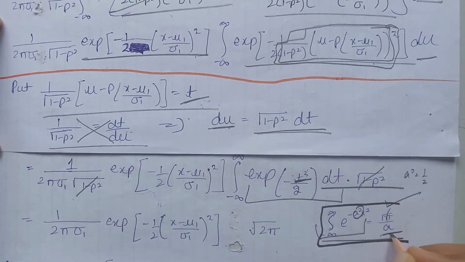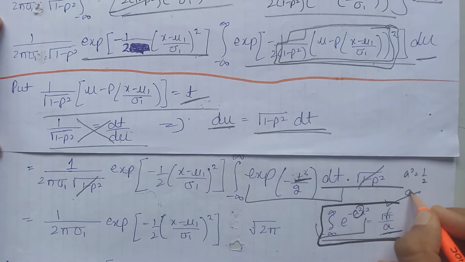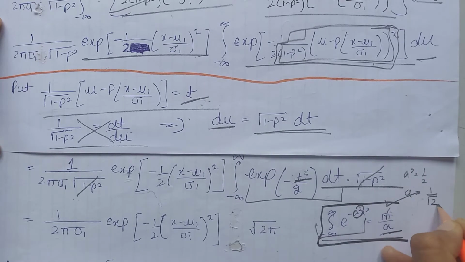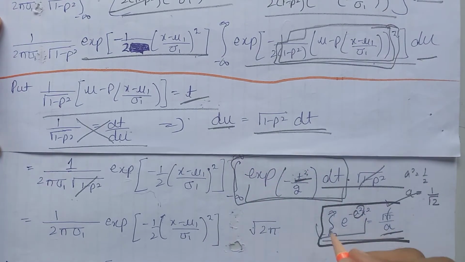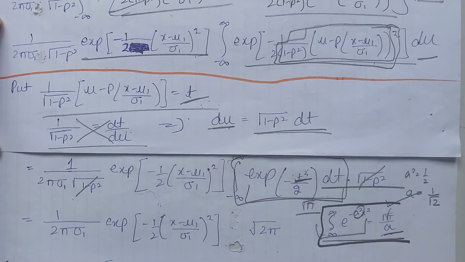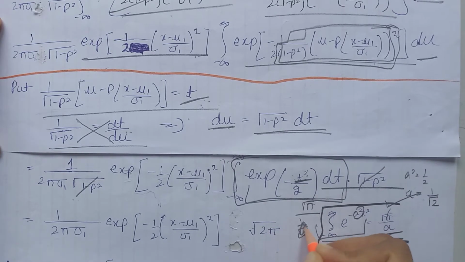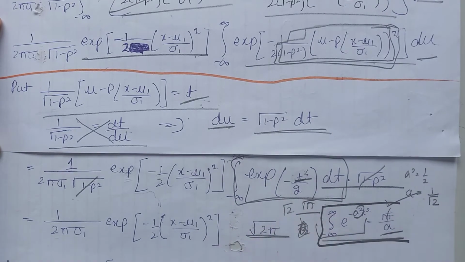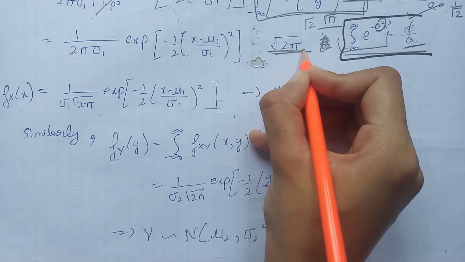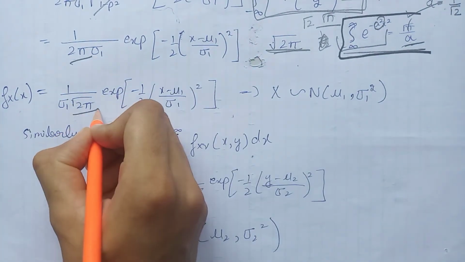Now for the answer we want the value of a. So the value of a is equal to 1 divided by under root 2. So the value of this integral is equal to under root pi divided by a, that is, under root 2 multiplied by under root pi, that means under root 2 pi. After cancelling this under root 2 pi with the 2 pi, we get only under root 2 pi.